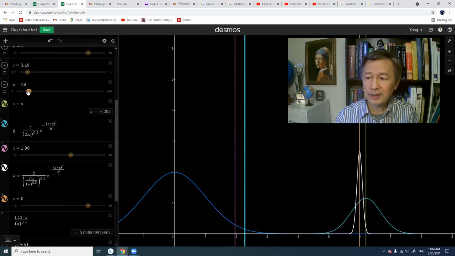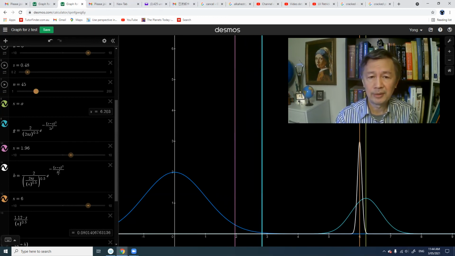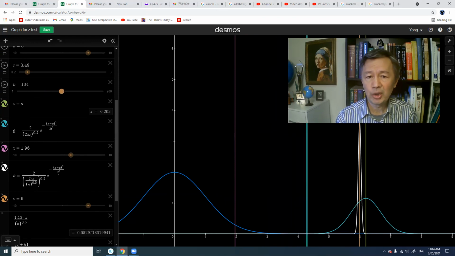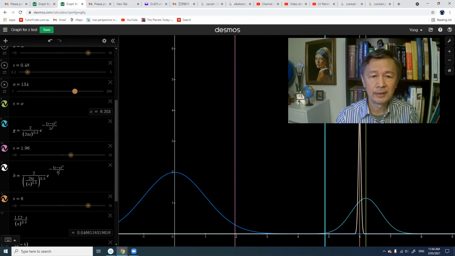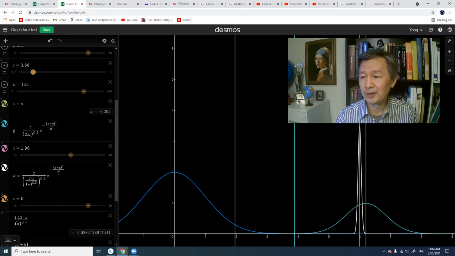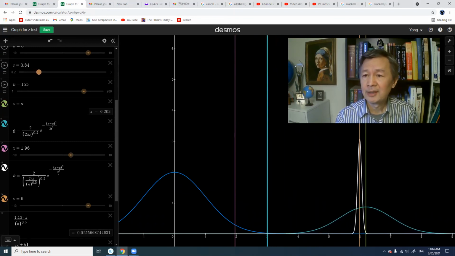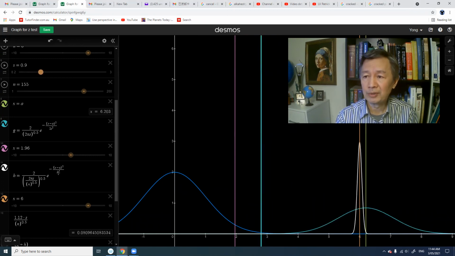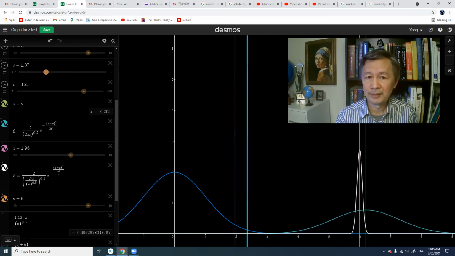However, if we go to another extreme, to a sample size of 100, oh, this is 155 already, and then we increase the sample standard deviation, or uncertainty, you will see that this score reduces dramatically.